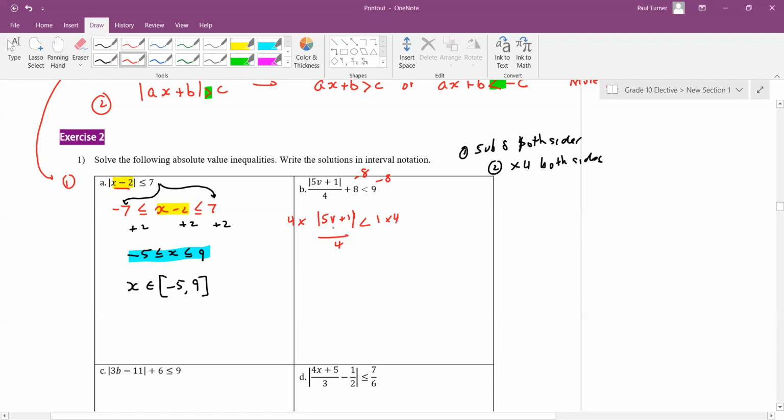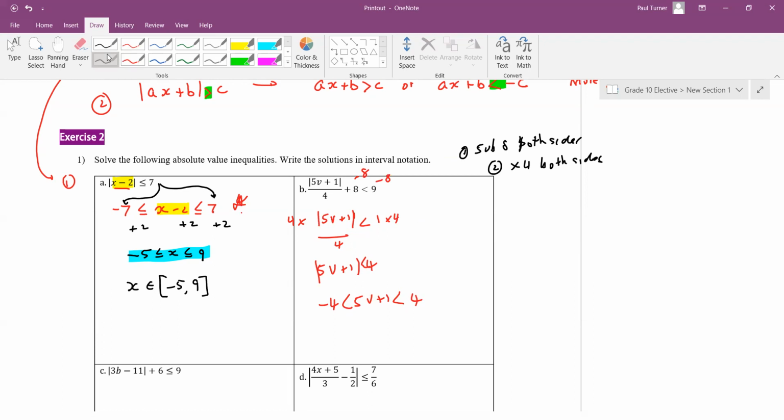And we're multiplying by 4, so the sign won't change. So the absolute value of 5v plus 1 is less than 4. So now we're going to have minus 4 less than 5v plus 1 less than 4, just like we got over here.